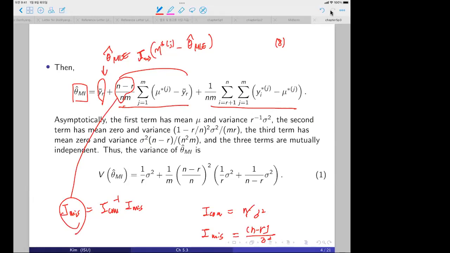Another way is you can check whether the right side simplifies to the MI estimator.